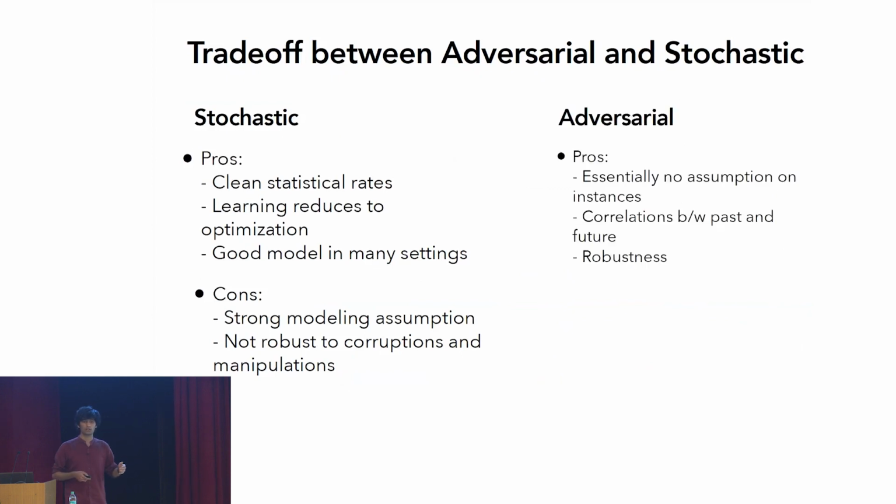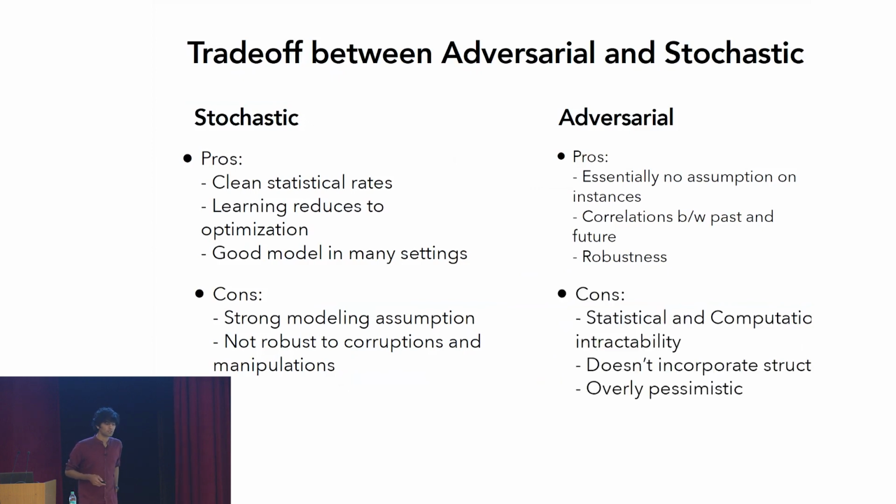We are making no assumptions on the instances, and you are capturing correlations between the past and the future, and it's arbitrarily robust to corruptions. But the issue is you have computational and statistical intractability, and it does not incorporate structure, and it's in some sense overly pessimistic. The question we want to talk about is, can we bridge between these two settings?